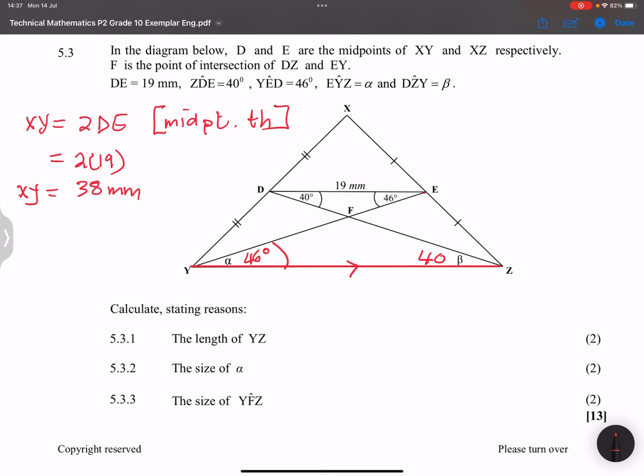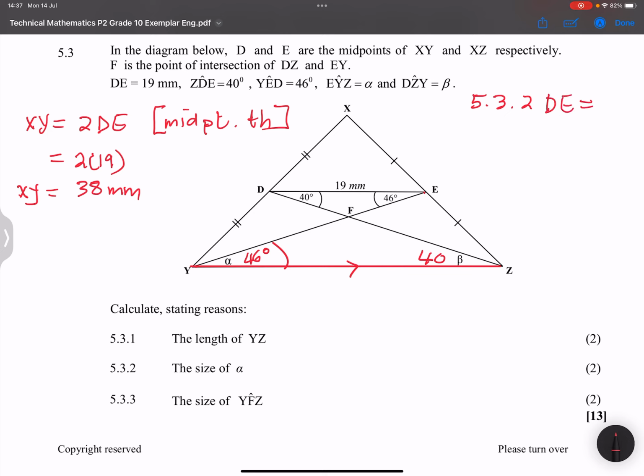Then let's go for the next part. They say to us, the size of alpha. By the way, we were meant to actually state reasons, but we'll do that in the next one. We want to find the size of alpha, but we've already found that, haven't we, ladies and gents?